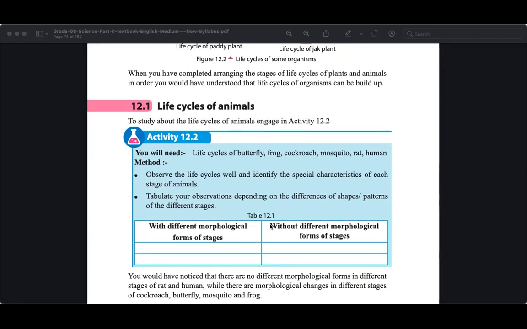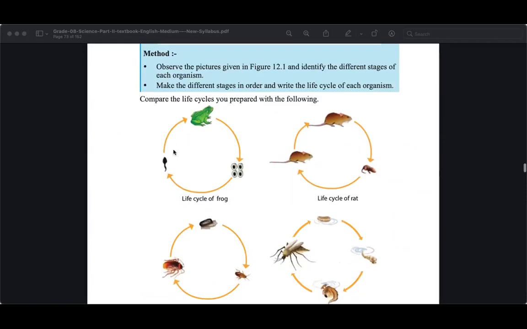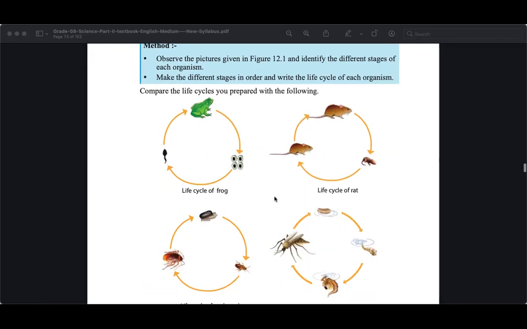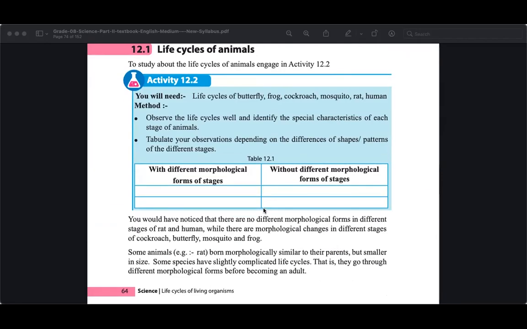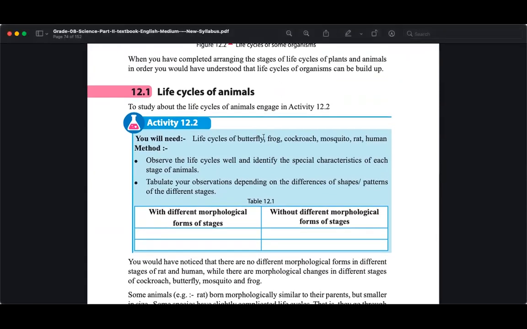One thing that you can see in the life cycle of animals is that we basically distinguish them. You can see butterfly, frog, cockroach, mosquito, right, with different morphological forms at each stage. Morphological means the physical characteristics.